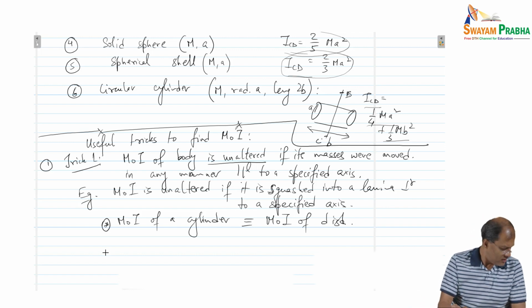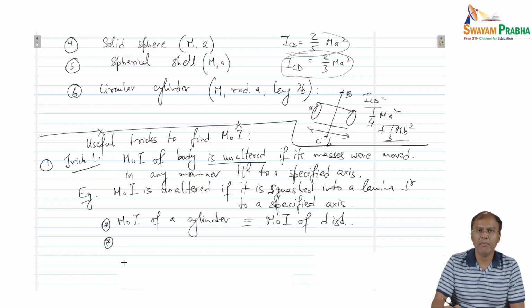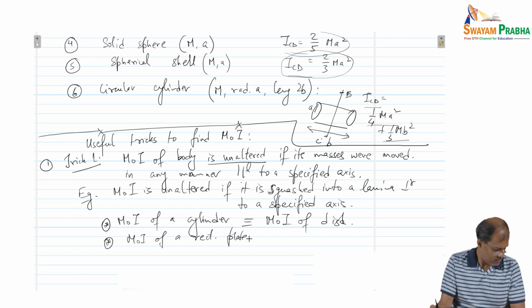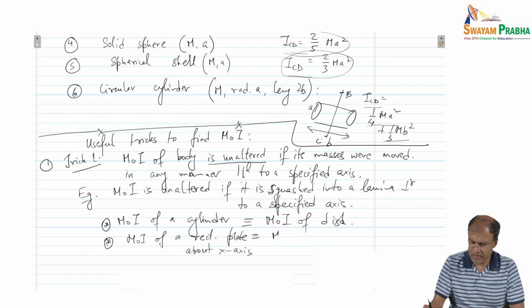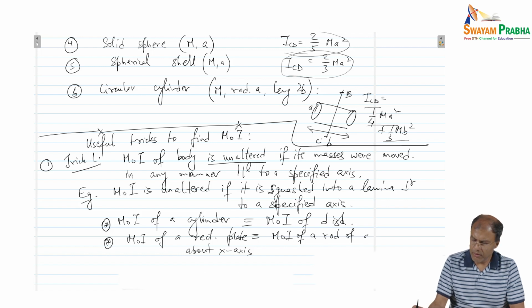So that's one. The second, for example: the moment of inertia of a rectangular plate about, let's say, the x-axis is the same as the moment of inertia of a rod of the same mass and length about the same x-axis.